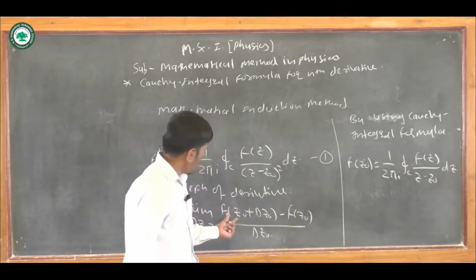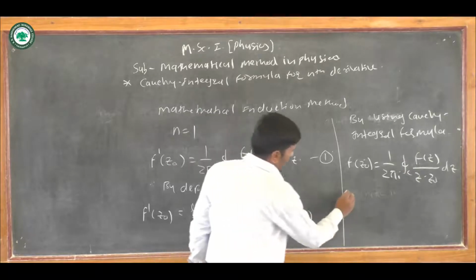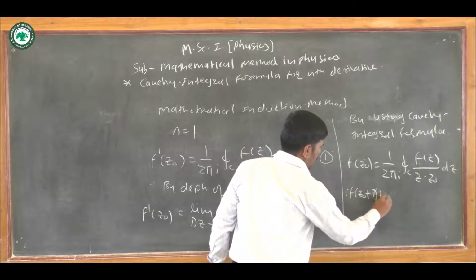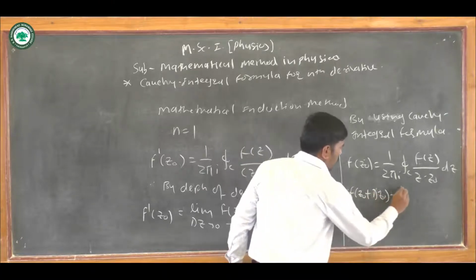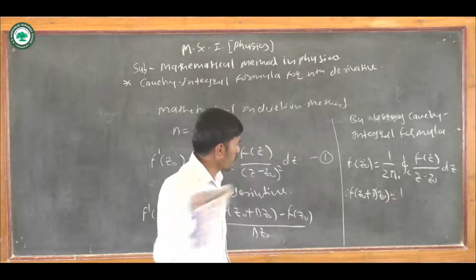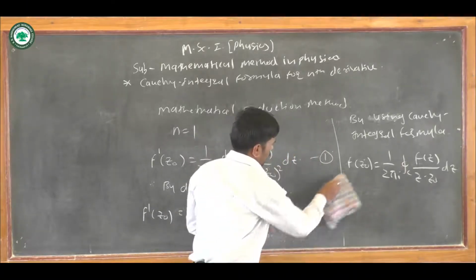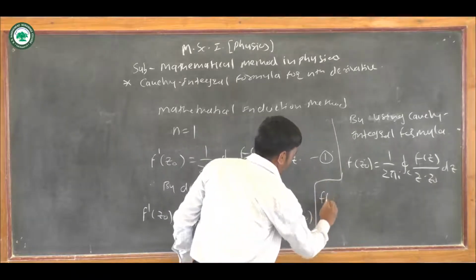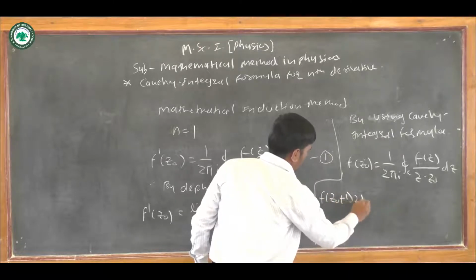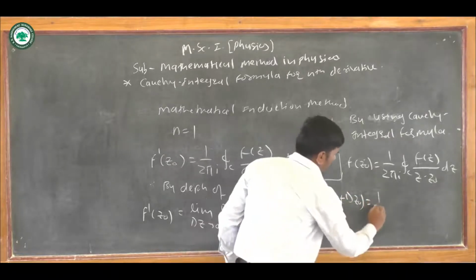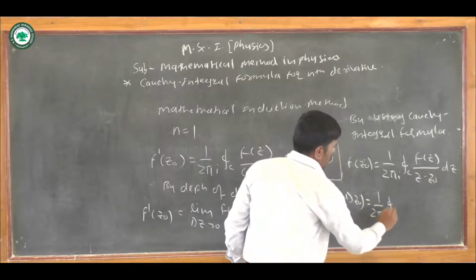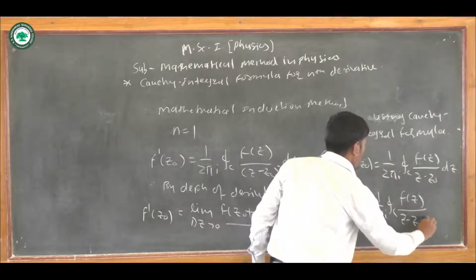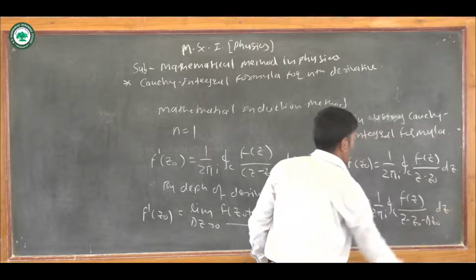If I write for f(z naught plus del z naught), it is equal to 1 by 2 pi i, closed integral over C of f(z) divided by (z minus z naught minus del z naught) dz.